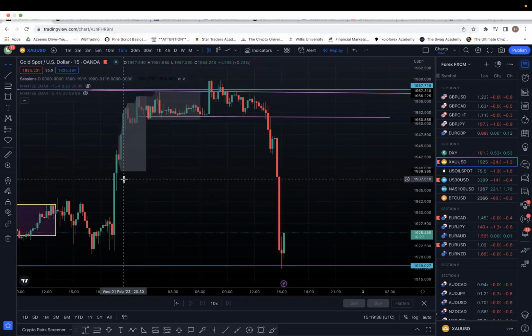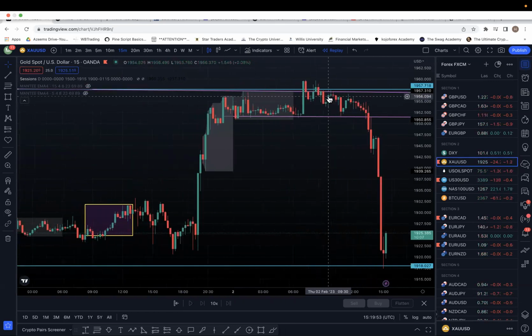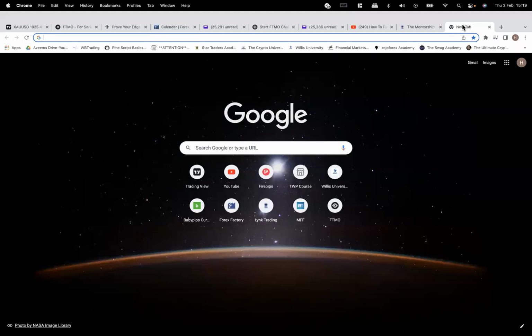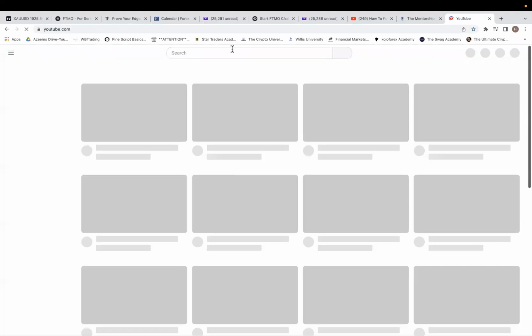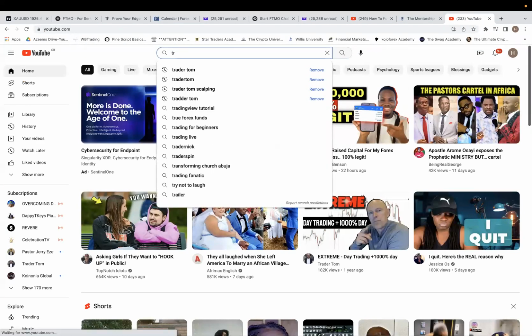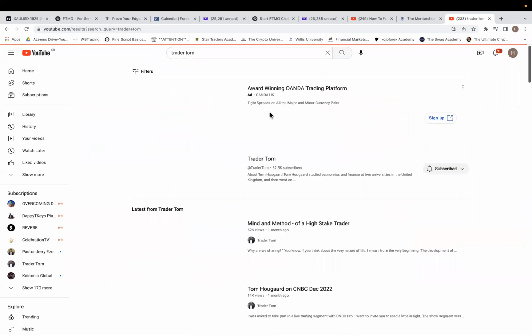But gold, you see, the reason why is when your money has been taken for a long time and you see some money, you don't know it. But there's a psychology. I'm listening to a guy called Trader Tom. He is big on psychology. If you get that guy, listen to him, please do. Trader Tom is very, very good.